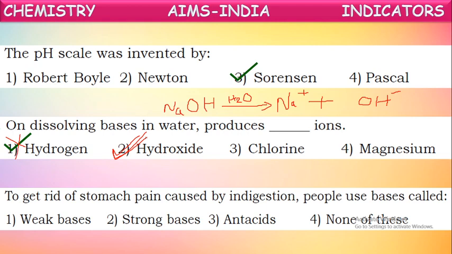When consumed, it reacts with the excess acids and neutralizes them, so that we get rid of this indigestion. So those medicines which we take to get relief from indigestion are called antacids, which neutralize the acids. Antacids, example, milk of magnesia or magnesium hydroxide.